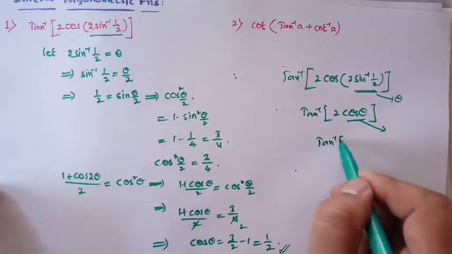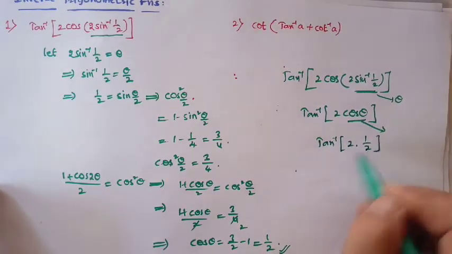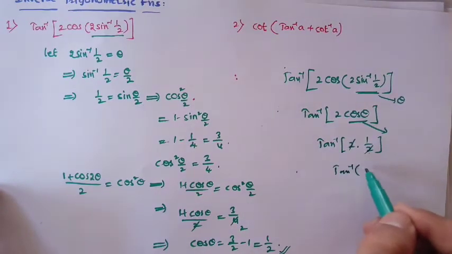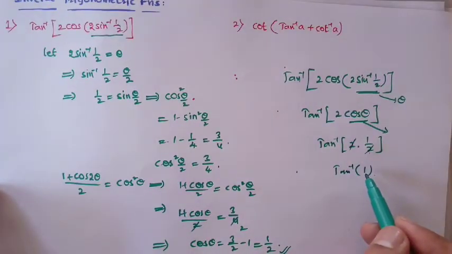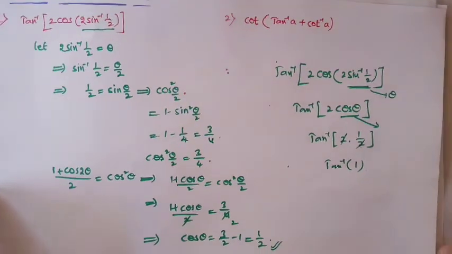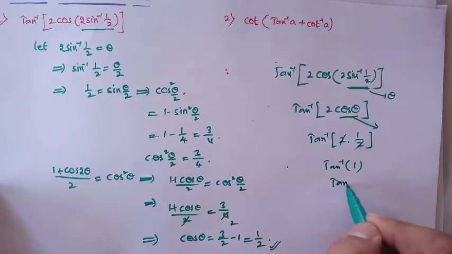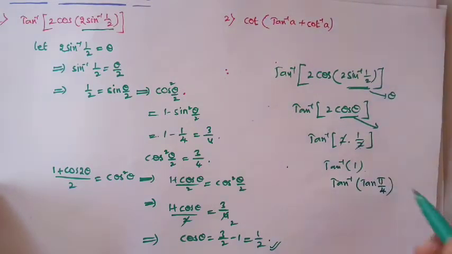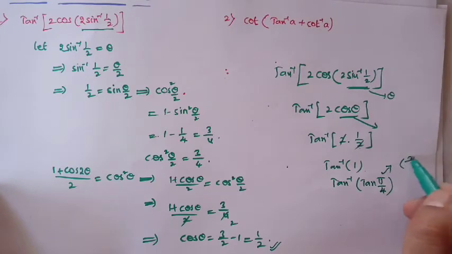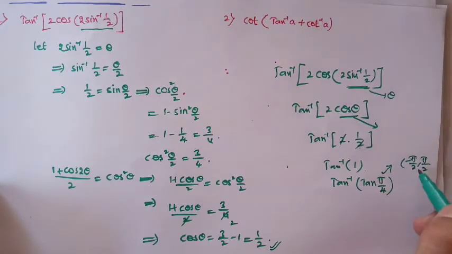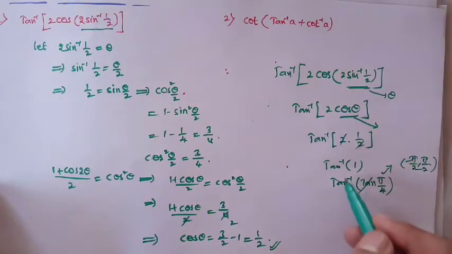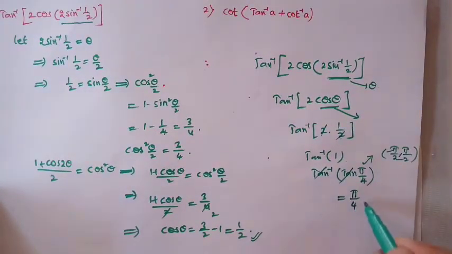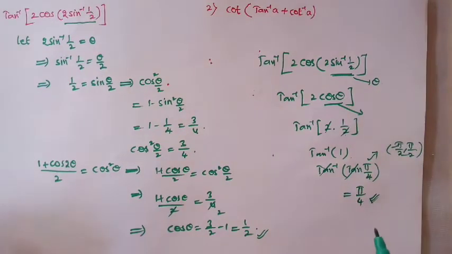Then tan inverse of 2 times 1 by 2, the 2 and 2 cancel. Then tan inverse of 1. 1 can be written in terms of tan as tan inverse of tan pi by 4. Pi by 4 lies between minus pi by 2 and plus pi by 2. Now tan and tan inverse cancel. The remaining value is pi by 4. This is the value of the given question.